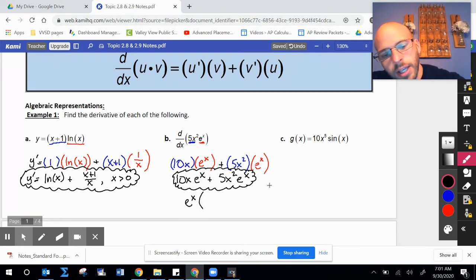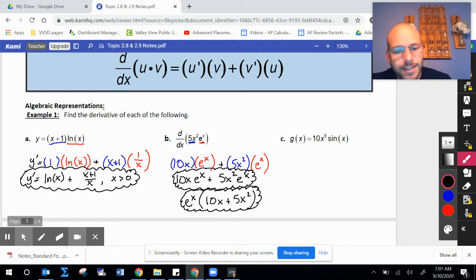It could be e to the x times 10x plus 5x squared, if you factor that out. Sometimes, if they see something common between all the terms, they might factor it out. They could even factor out a 5x in addition to that. So again, you can manipulate your answer a little bit, so make sure we can match it to some of the multiple choice questions.